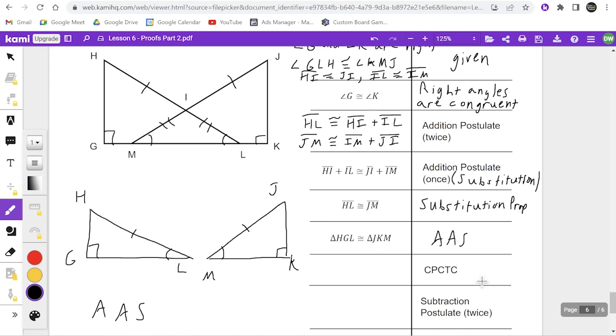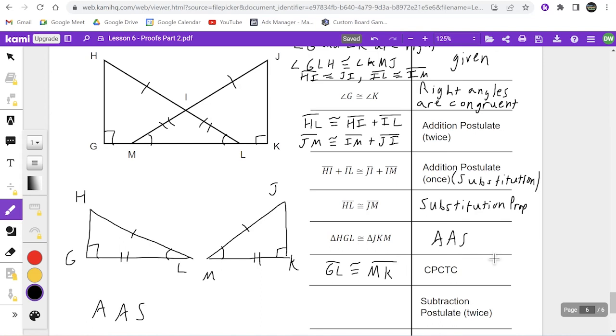Is it HG congruent to JK? You're not wrong. They are congruent. But that's not going to help me because the thing I'm trying to prove is on the bottom. I'm going to say GL is congruent to MK because they're both on the bottom. That's going to help me get there. Yeah, you're right. So GL is congruent to MK because of CPCTC.